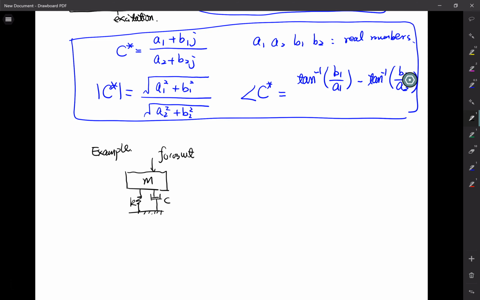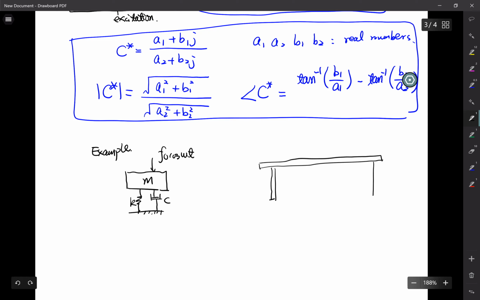And then you can assume this system is a desk. You have your tabletop. That's a table, and then you have 4 legs, right? If you want, you can also add a dashboard somewhere. But let's assume this is your table, it's sitting on a floor.